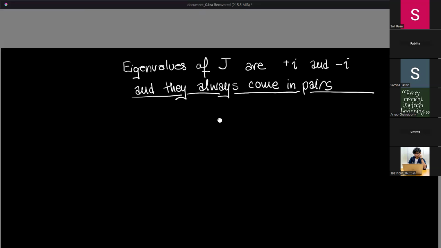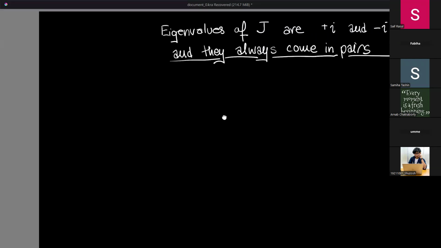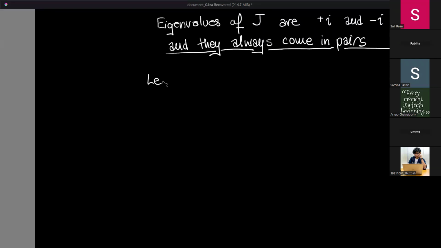This is the next result that we're going to prove. So let V be a vector space, with J being the complex structure.